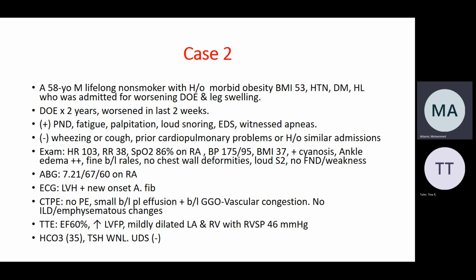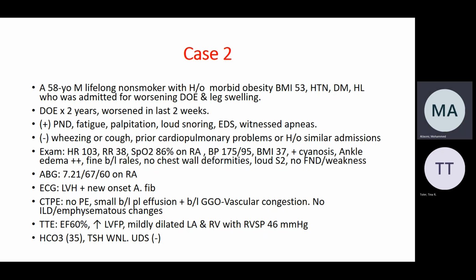Dyspnea on exertion for the last 2 years, worsened in the last couple of weeks. The patient had a history of PND, fatigue, palpitations, loud snoring, daytime sleepiness, and witnessed apneas. No wheezing, cough, or any prior cardiopulmonary problems, and no history of similar admissions.